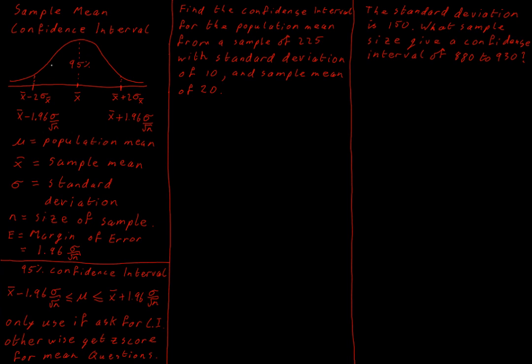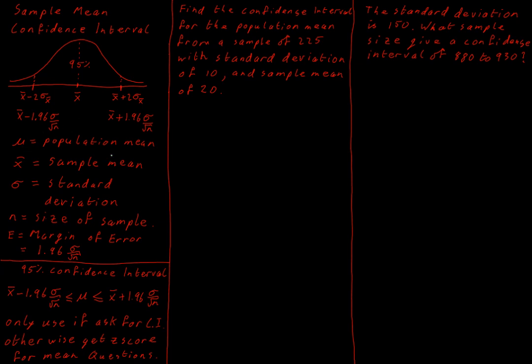It gives us 95% of our sample. So that allows us to construct our 95% confidence interval by going from the mean out to minus 1.96 standard deviations and plus 1.96 standard deviations away from our sample mean. So this is almost identical to what we would have done with the sample proportion.